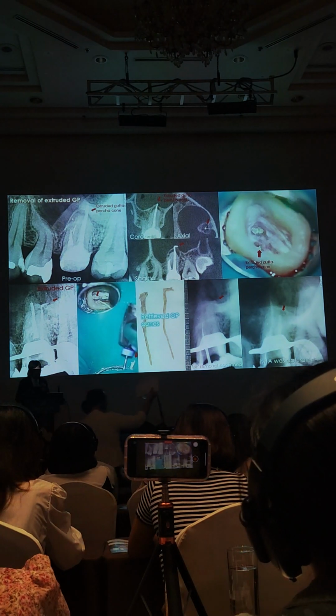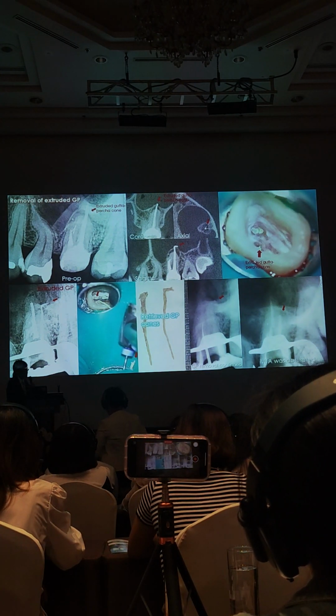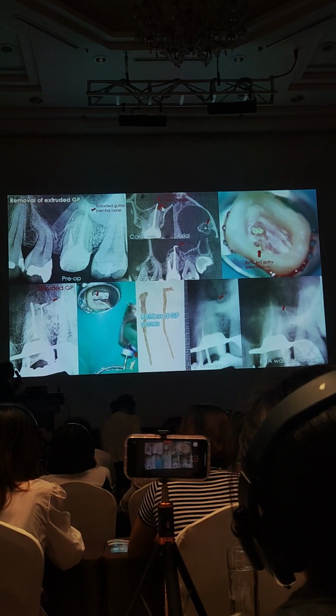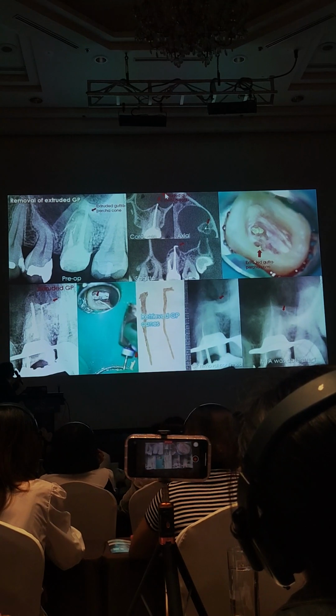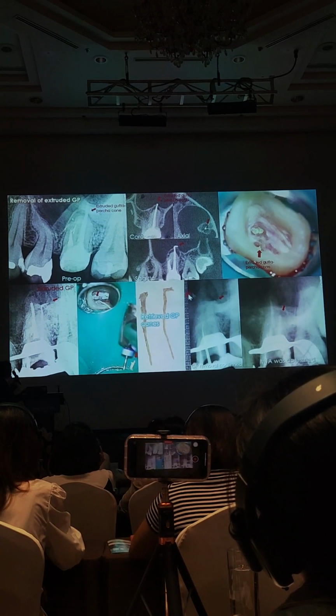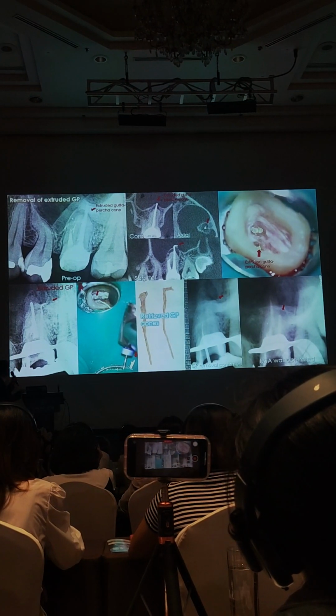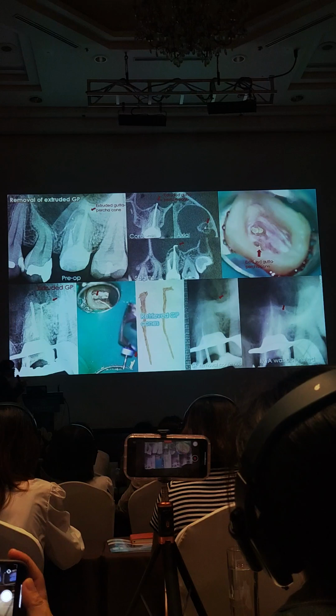So I will show you some cases using the same technique. So here, you see the gutta-percha cone extruded into the periapical tissues, into the sinus cavity. I use the same technique. First, I used mechanical removal, and I took it out in one piece. I was very lucky. All the gutta-percha cones were removed mechanically. That's it.